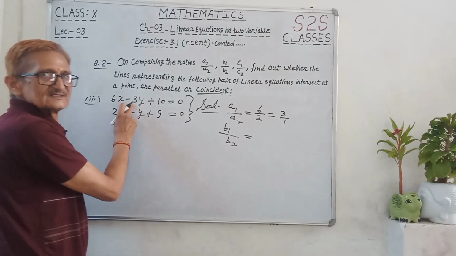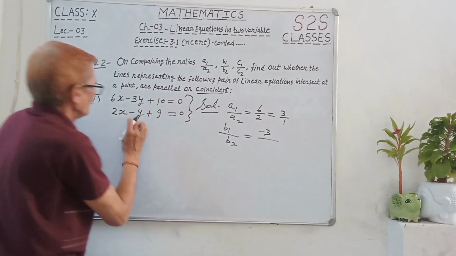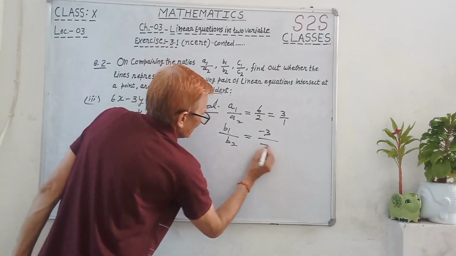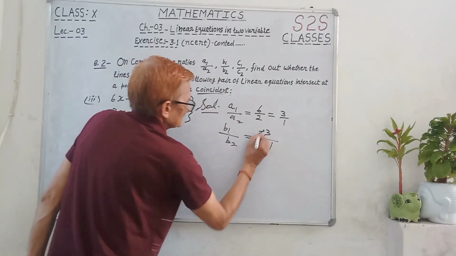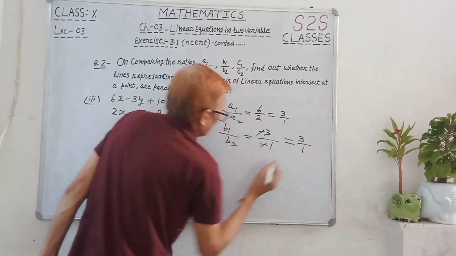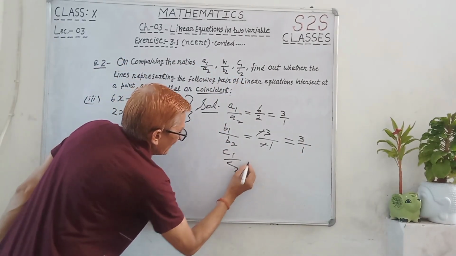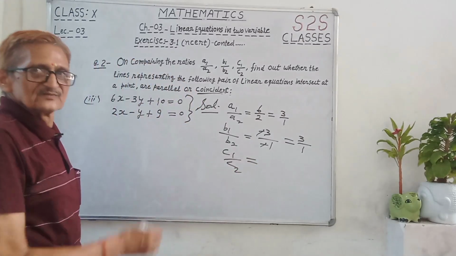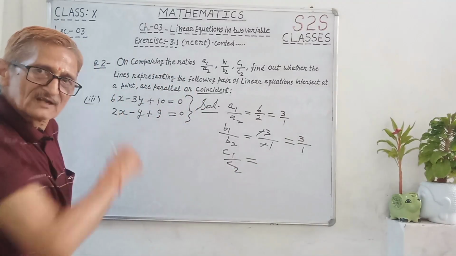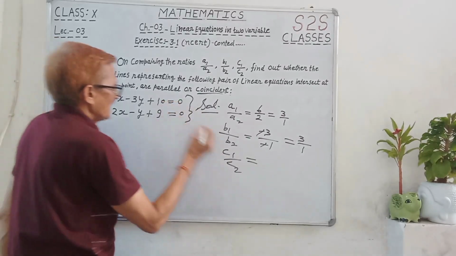B1 is minus 3, the coefficient of y, upon the coefficient of y in the second, minus 1. Minus cancels. It is also 3 upon 1. Now C1 upon C2 also find. If the first two are equal, then the third also we have to find. Then the third ratio C1 upon C2 is 10 upon 9.